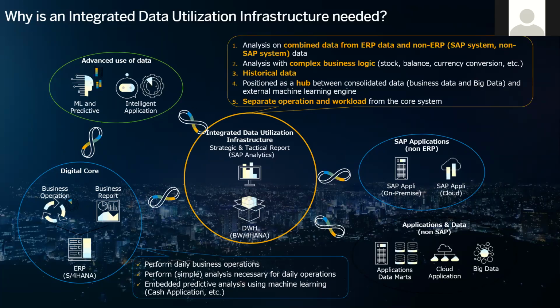And the main importance of this is to separate your workloads, because your operational system needs to be running and its uptime needs to be at 100%. So you need a place where you can separate and be able to do your complex analysis, and then the other place where you can do your operations, right? Now, this is where this integrated data infrastructure comes in as your hub for your data and as a way to view all of this data.